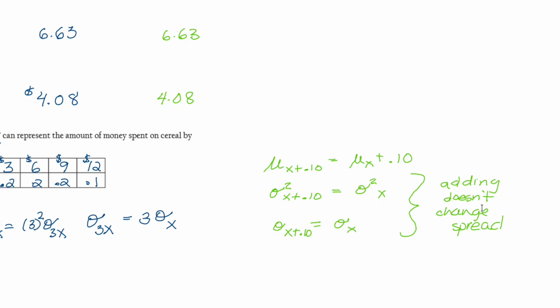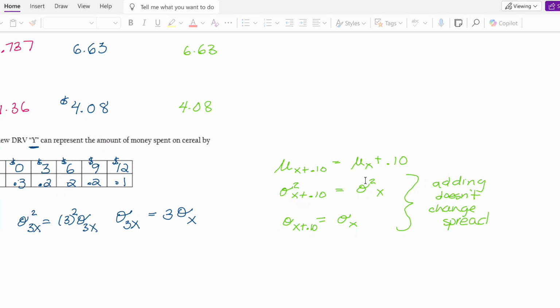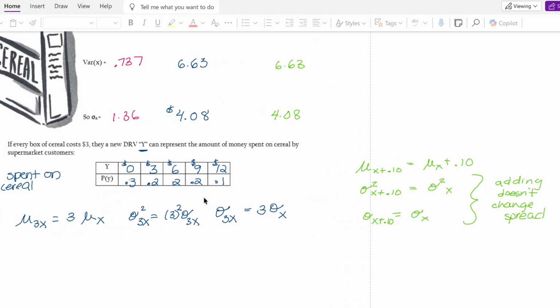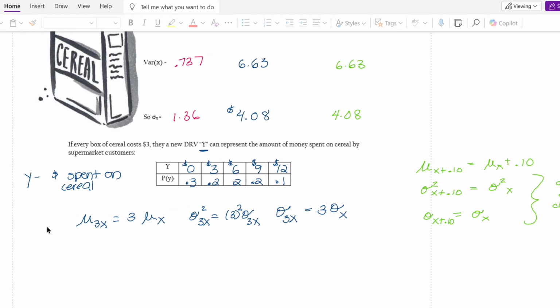So adding doesn't change spread. Remember, spread just means standard deviation and variance. However, you do need to change the mean, or expected value. When you multiply, you change everything. For the mean and standard deviation, you multiply by that number once, but for the variance, you multiply by that number squared.